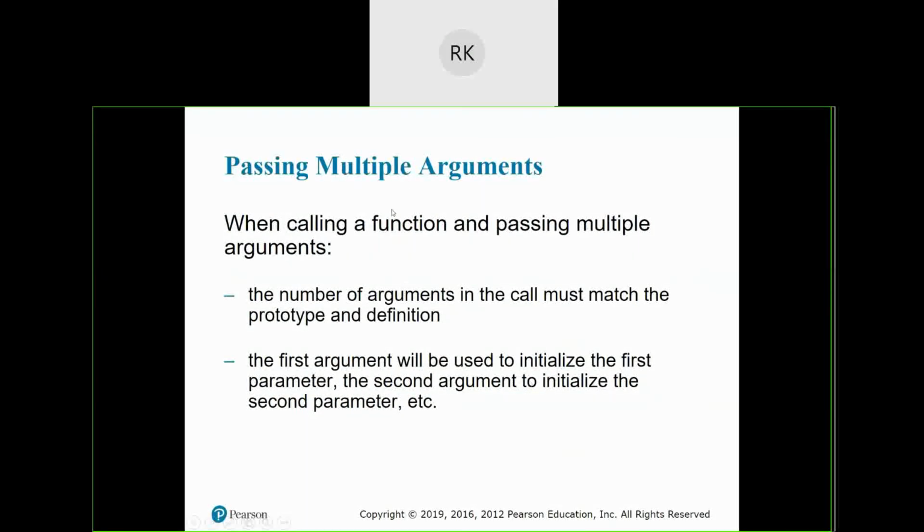This one, void displayValue(int), is the prototype for the function, and this one is the calling of the function. A value 5, which is an integer, is sent when the function is called, so it goes to this one. The actual definition is after main. So in void displayValue(int num), the value will come to num, and then we are displaying num.